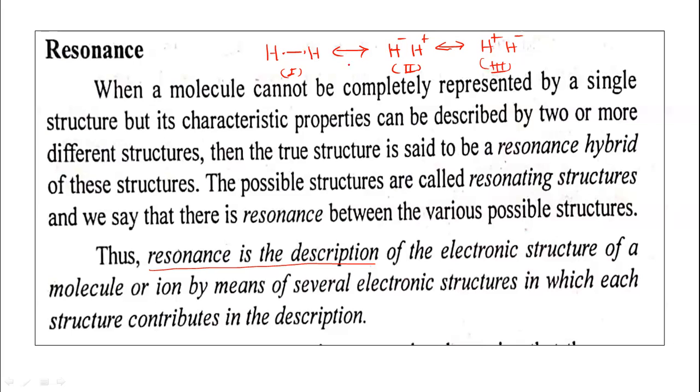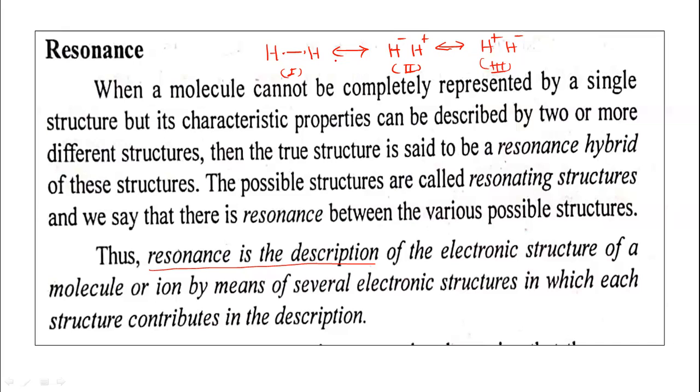So the hydrogen molecule has three possible electronic structures, but the true structure is the contribution of all three structures. It means that the hydrogen molecule has resonance, with three resonating structures.